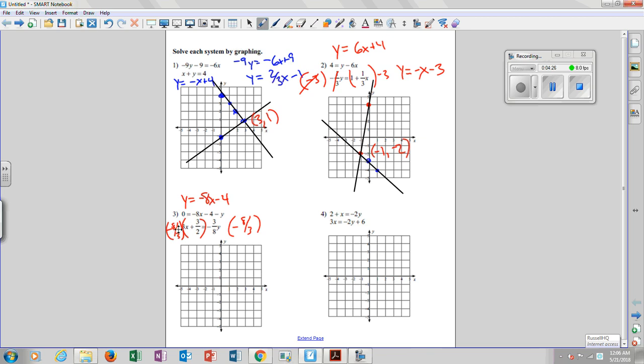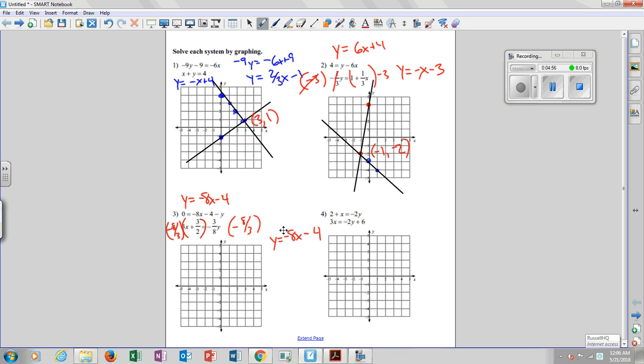Negative 8 times 3 is negative 24 divided by 3 is just negative 8. We have negative 8x. Negative 8 times 3 is 24 divided by 3 times 2, which is 6. Negative 24 divided by 6 is going to give you negative 4.